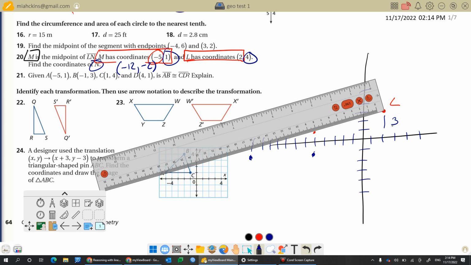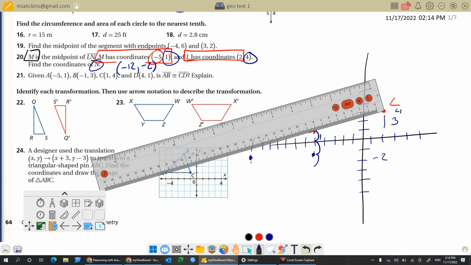This is down 3 because this is 1 and this is at 4, right? So this is down 3, so we go down 1, 2, 3, so this is going to be down here at negative 2. So that's about where we are down here, somewhere around there.